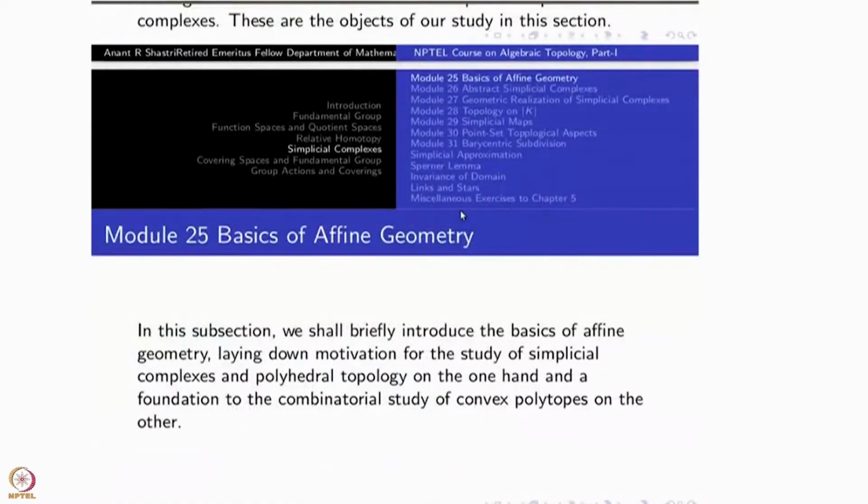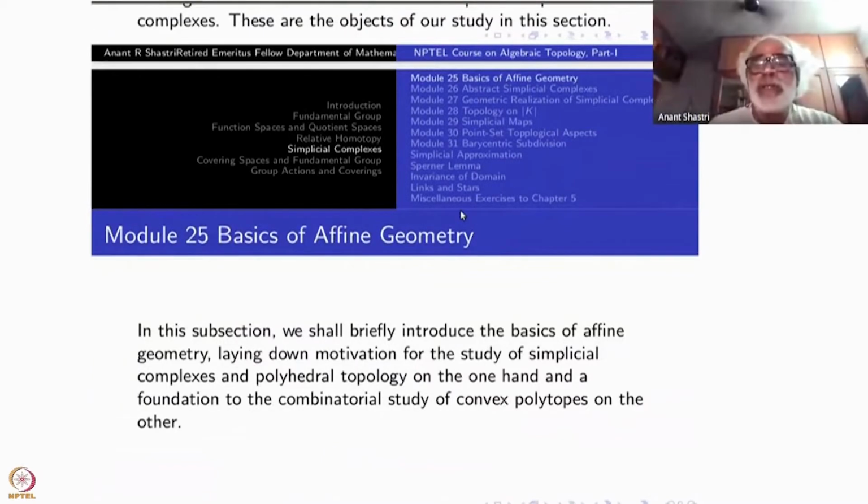Affine geometry is nothing but the study of simple ideas from linear algebra. Only thing is, the vector space structure has no origin in it. In other words, we just pretend as if we don't know which point is the origin.